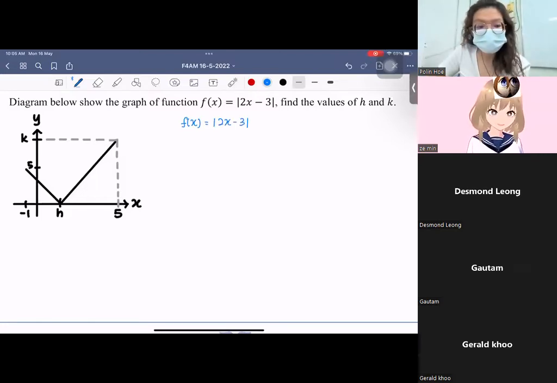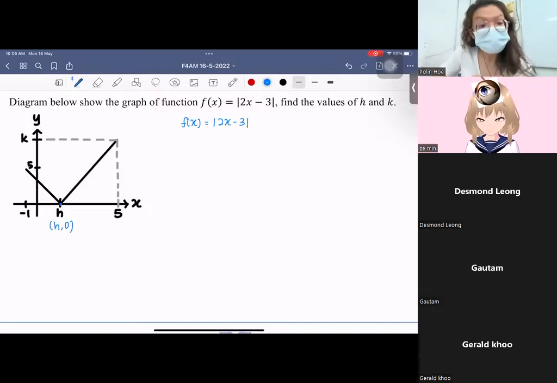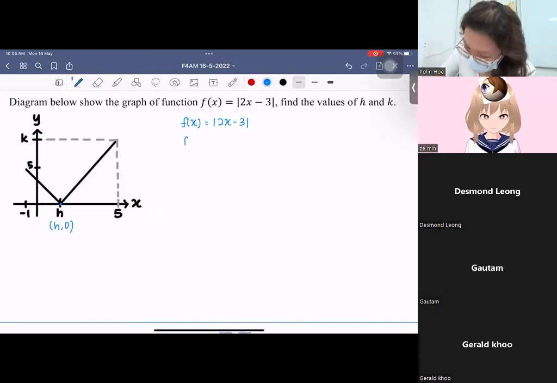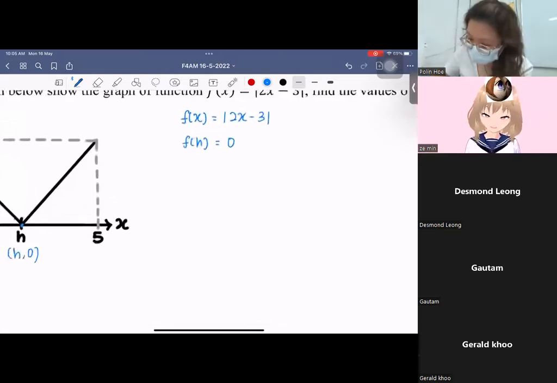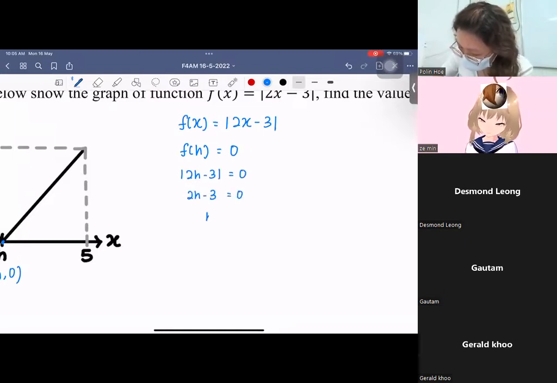To find h, how to find h? At this point, we know that the coordinate is h and 0. So f(h) will give me 0. 2h minus 3 equals 0. h equals 3 over 2.